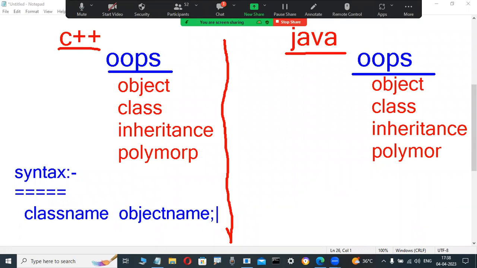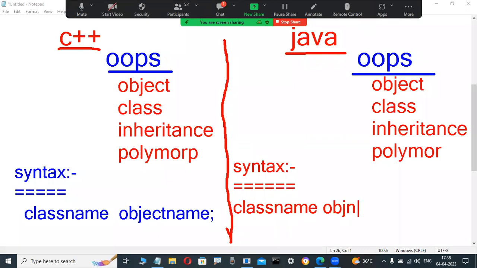Is the same syntax used in Java? No. In Java also we create an object from the class, with a slight difference only. The syntax is class name, space, object name equal to new class constructor.